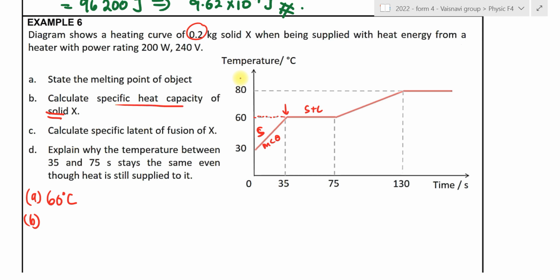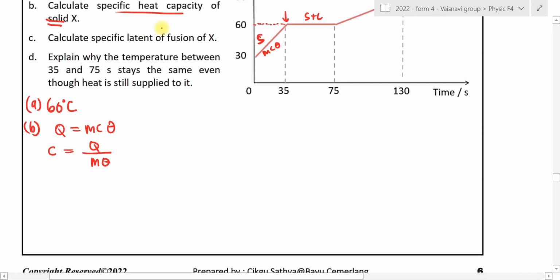Specific heat capacity, C they did not give. We need to find it. So Q equal to mcθ. Dia tanya specific heat capacity which is C lah. Q over mθ. Okay, Q over mθ.